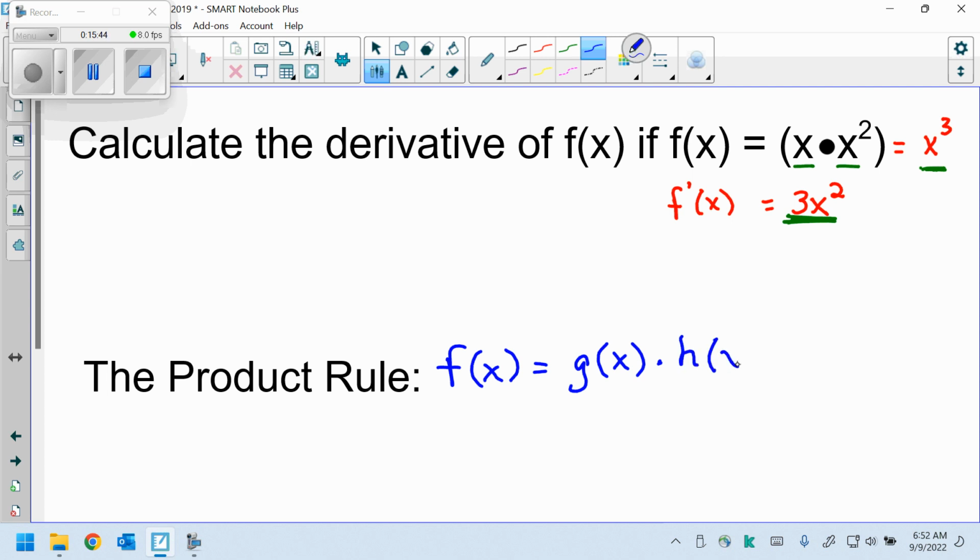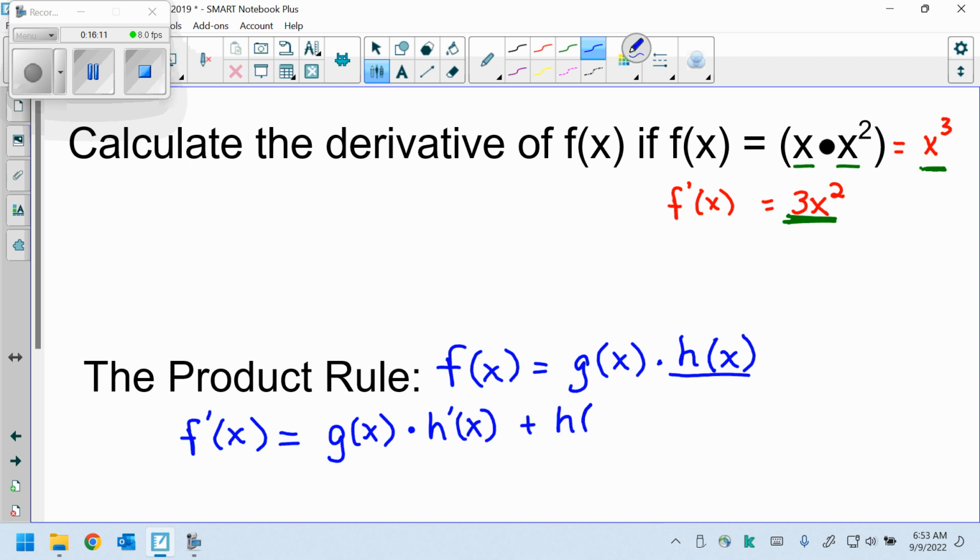So we're multiplying two functions together. The derivative, and I'm going to start right over here, and I think you should too. The derivative is found by taking this first function times the derivative of the second guy, plus that second function times the derivative of the first.